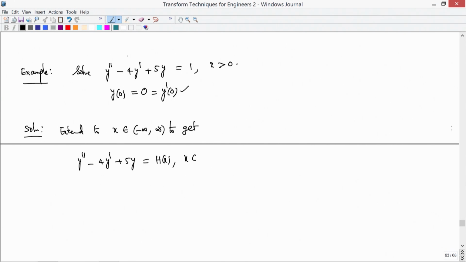Now, this is for x belonging to minus infinity to infinity. Again, these conditions are automatically satisfied on the negative side. This is identically the 0 solution. And what happens now?